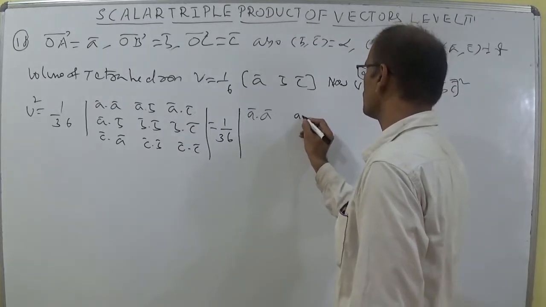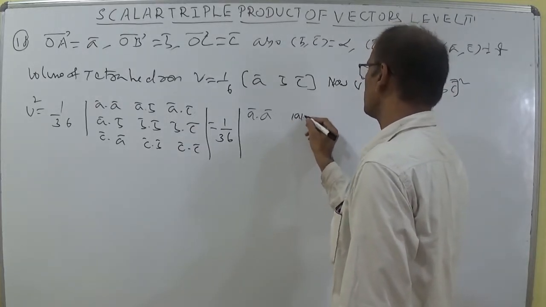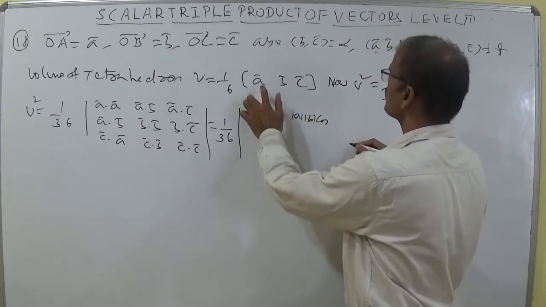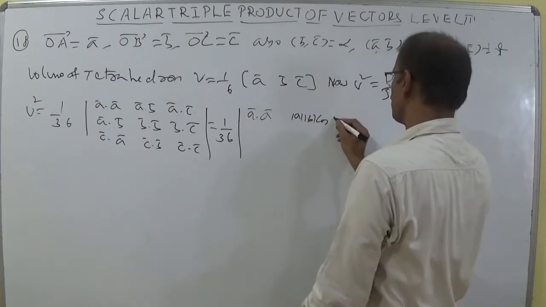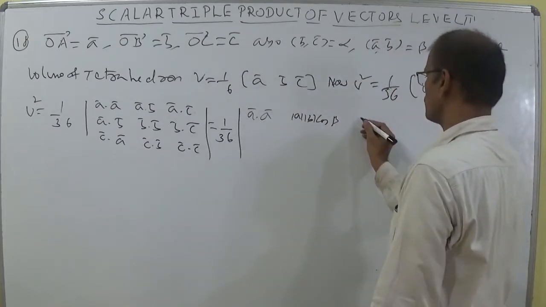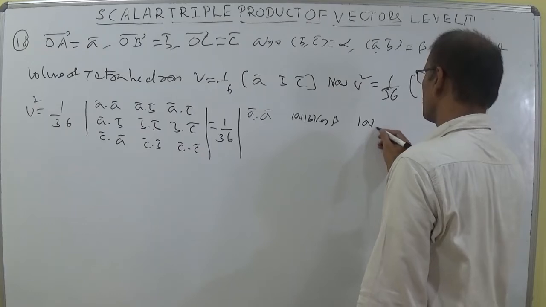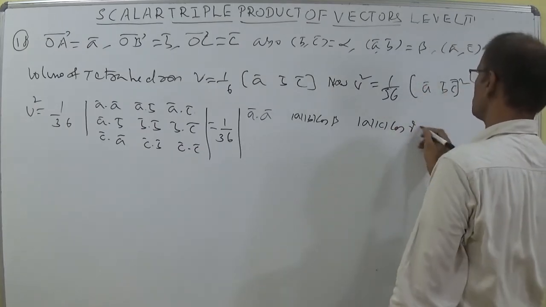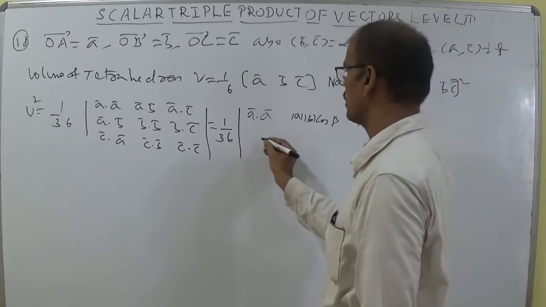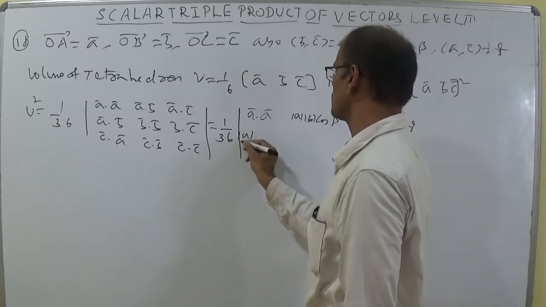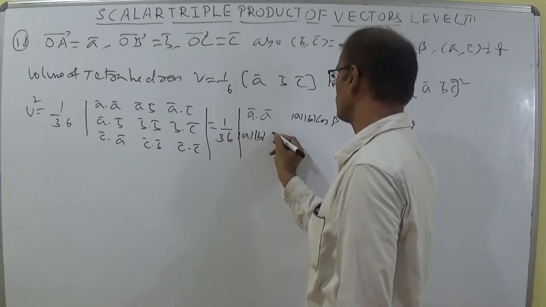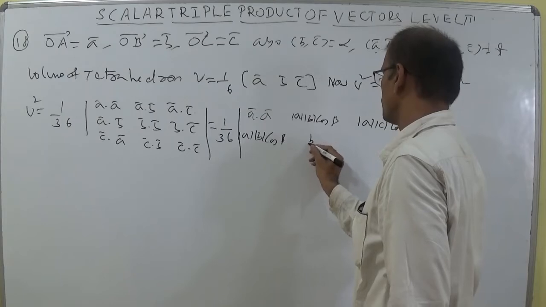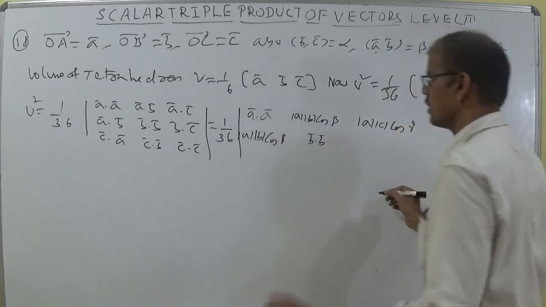Now this one you can write as mod A into mod B into cos of the angle he gave between A and B, here beta. Here mod A into mod C into cos of the angle between A and C, which he gave as gamma. Here mod A into mod B into cos beta; B dot B you simply leave.